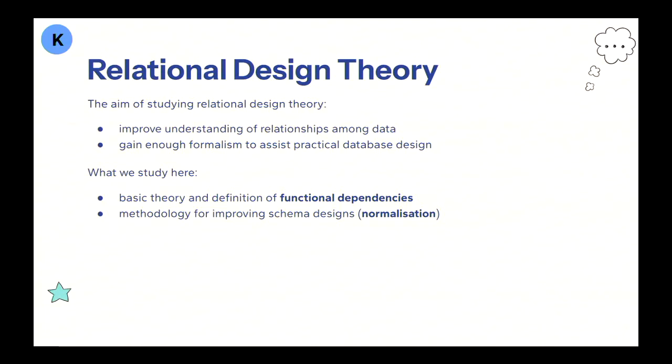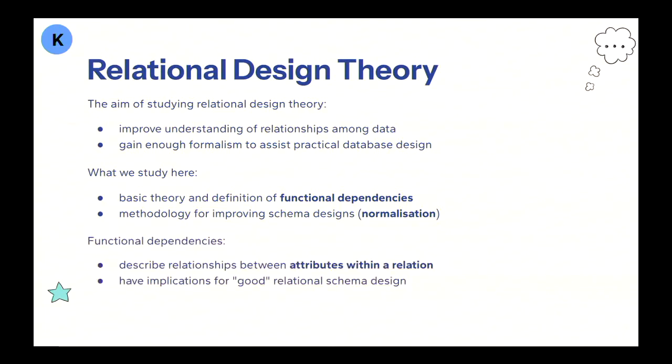So we have the theoretical guide to help us to do proper designs. And functional dependencies here are used to describe relationships between attributes within a relation and or across different relations. We will learn that later. And it has implications for good relational schema design. And we will see that later as well.